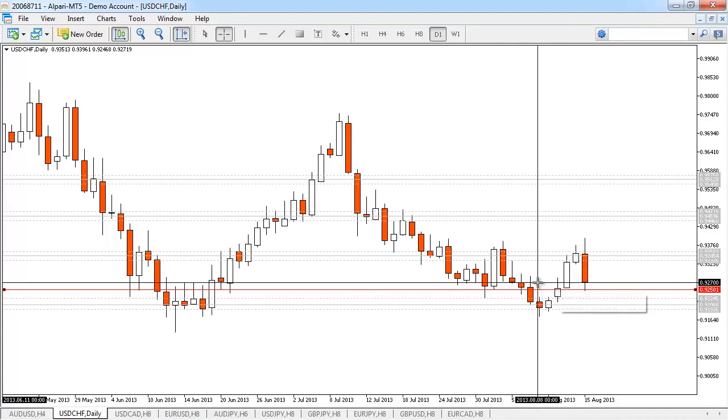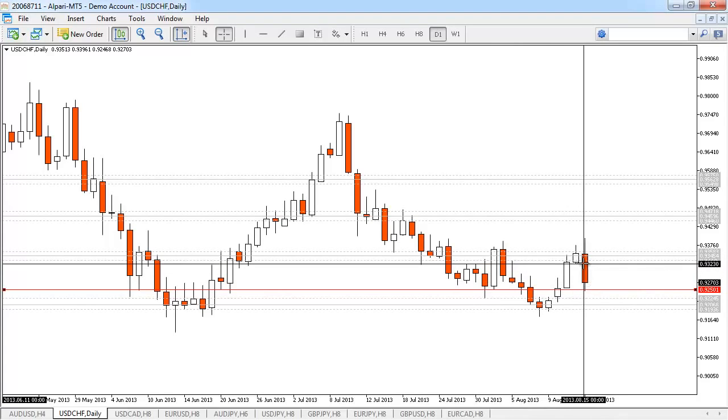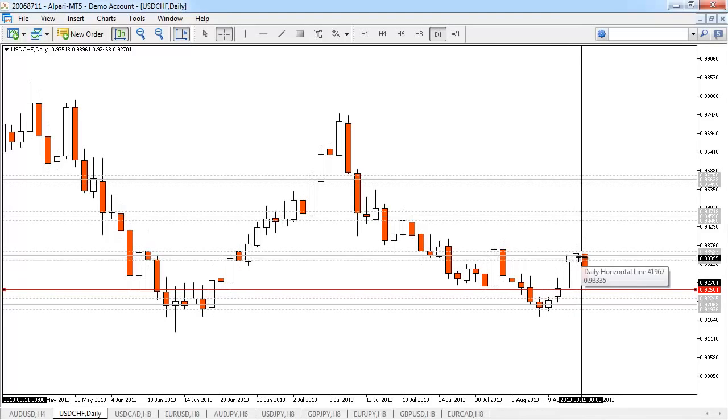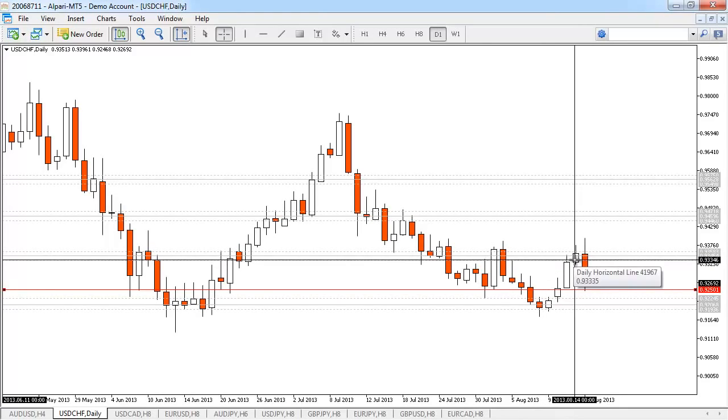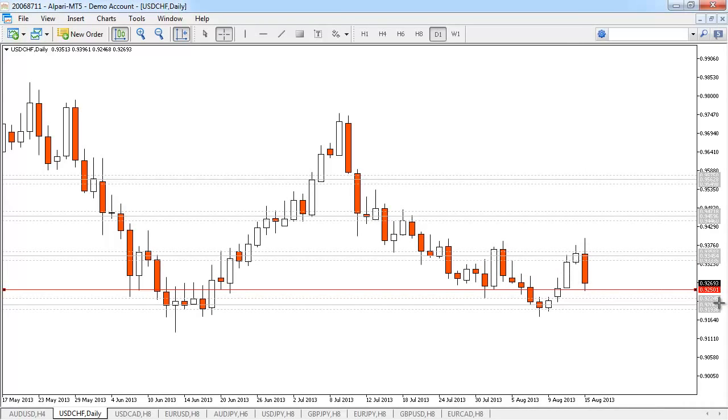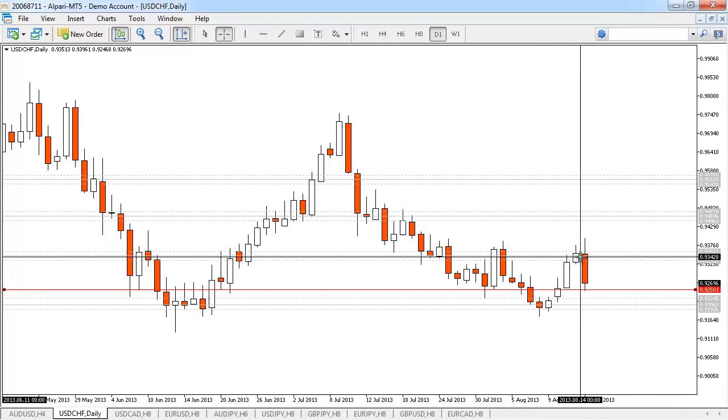If I'm setting just an automatic exit, I'd probably set it on the line just because there is resistance up here and I don't want it to just get specifically to this line and then reverse because there's sellers up there. So it just depends on if I'm around to watch the trade. If I'm able to watch the trade from my mobile phone or at my actual computer, I'll set my exit a little higher and just watch and see how price reacts around here.